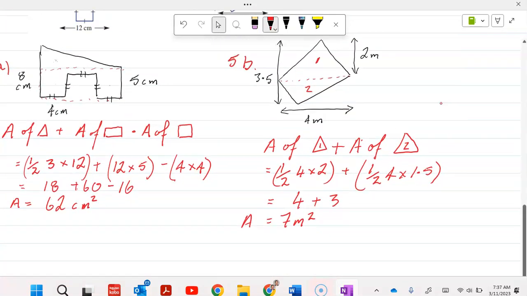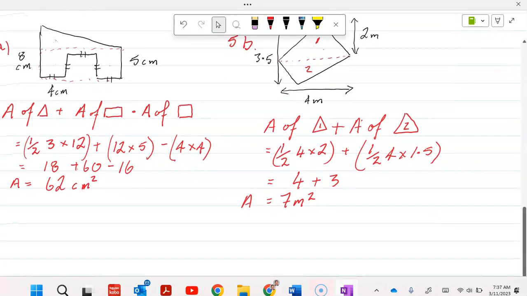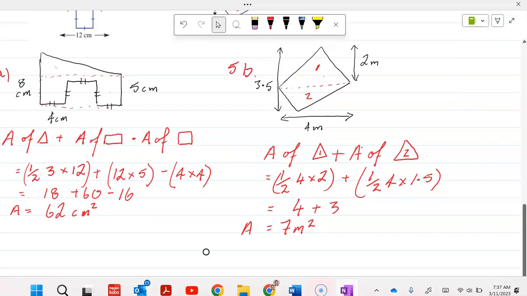So you've got the area of the first triangle plus the area of the second triangle. I've just labelled them 1 and 2. You could have labelled them 3 and 4, whatever you wanted to do. So area of 1 is half base times the height, plus the area of the second one, half base times height. You've got 4 plus 3, area equals 7 metres squared.